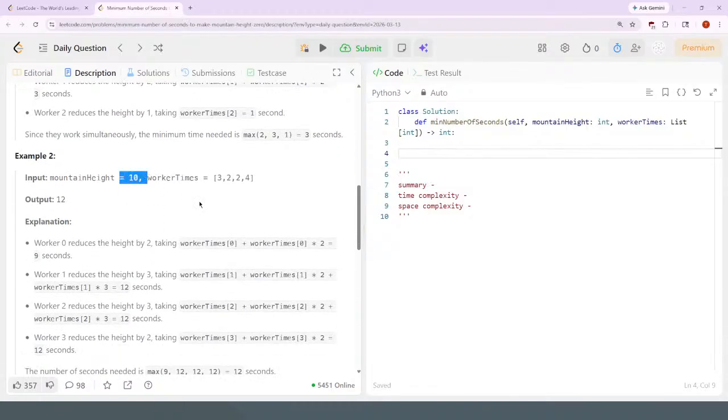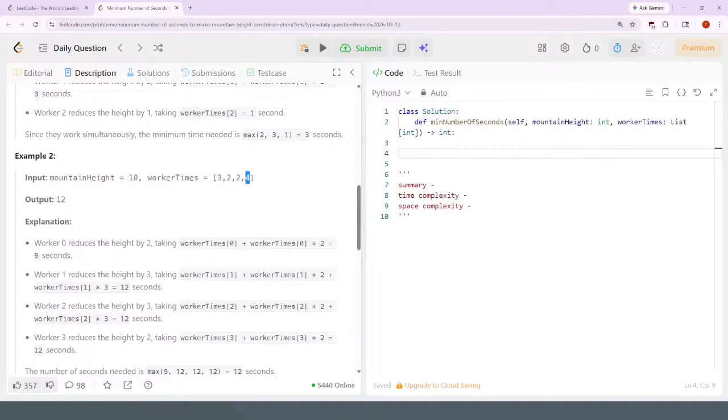10, 3, 2, 2, 4. So I think this one I should probably reduce it by 2, 3, 3, 6, 7, 8, 9, 10. So this thing reduces by 2, by 3, by 3. Maybe this should be reducing it by 4.